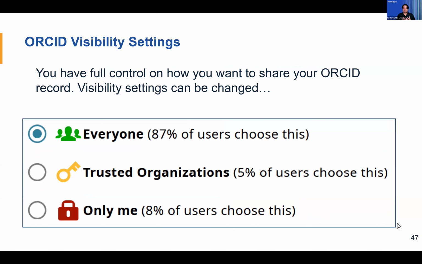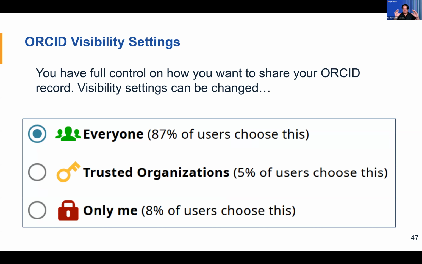Now, this brings us to that question about if you want to hide some of the things that you want to be hidden a little bit. So, as a researcher, you have full control. We've been talking about that. You have full control of your ORCID record, and that includes the visibility of your ORCID record.